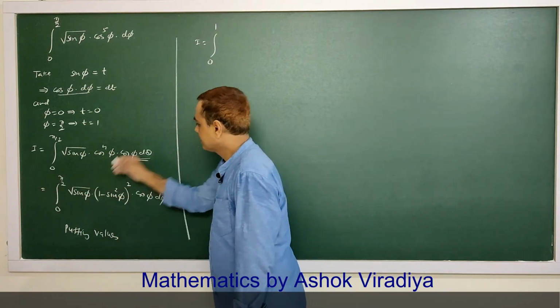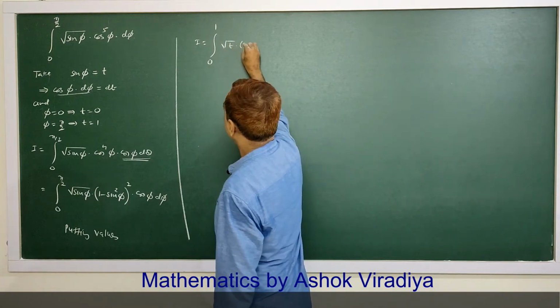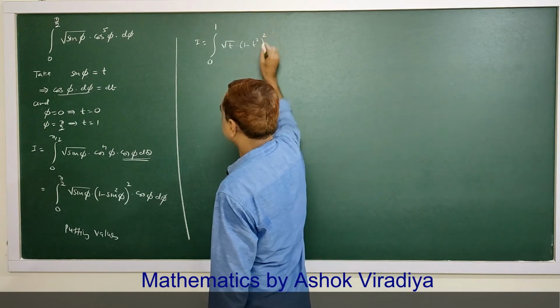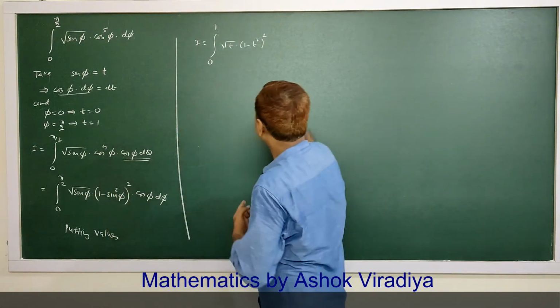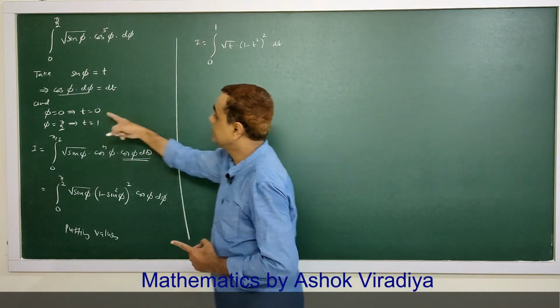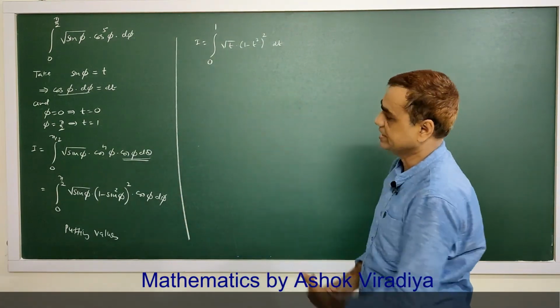So now sin phi is t, 1 minus t square whole square, and cos phi d phi is dt, and these are the values of t. So it is completely in terms of t.